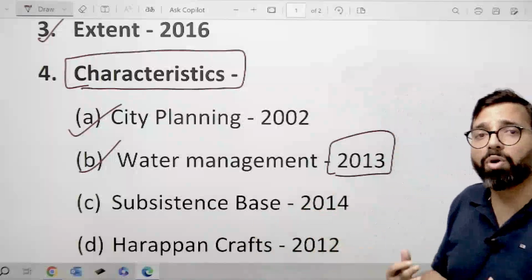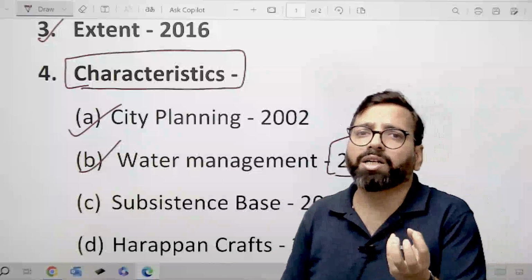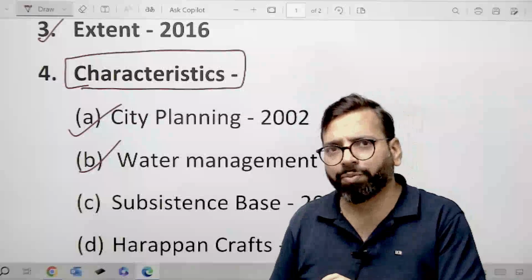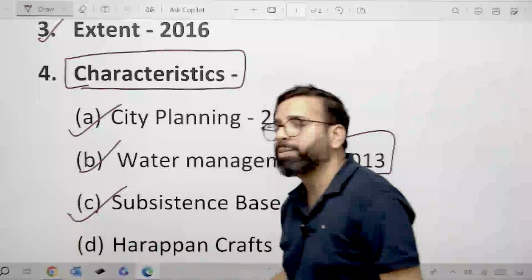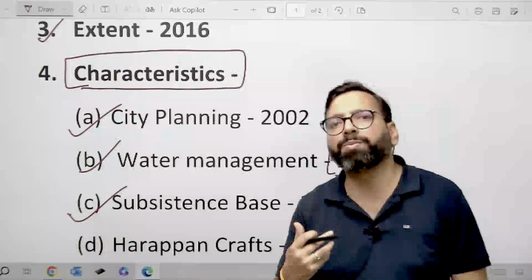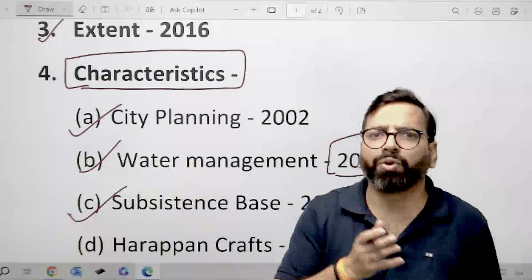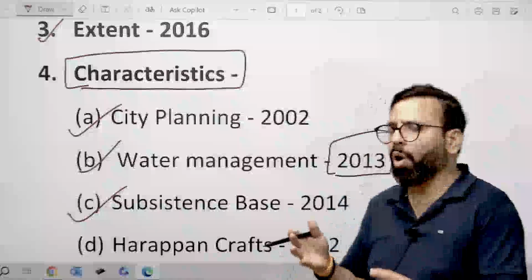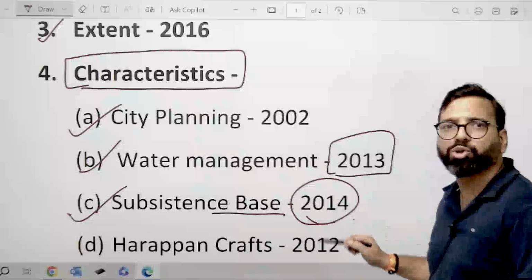Then, what was the characteristic feature related to economy? Let's see that. UPSC has asked about subsistence base, meaning from where the IVC people used to get their food: agriculture, animal husbandry, fishing, all of that is part of your subsistence base. In 2014 May, they asked a question from this.